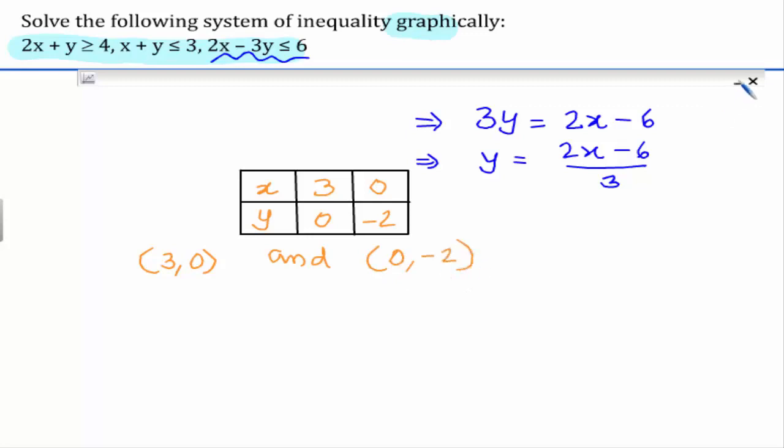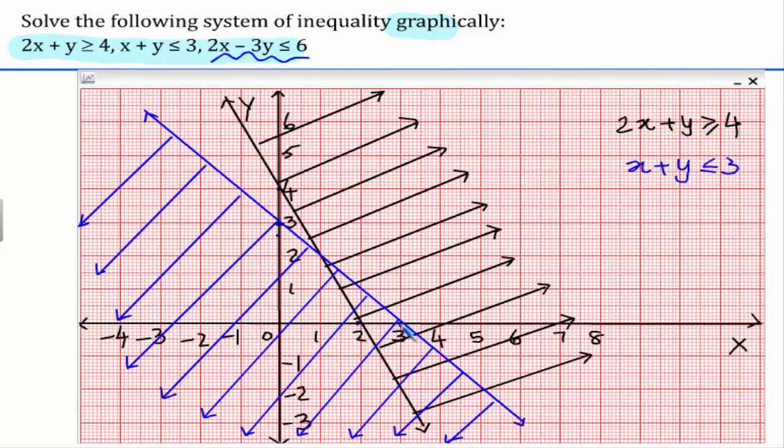Now let us plot those 2 points. First, (3, 0) will be here on the x-axis and (0, minus 2) will be here. Now let us join the points. Here is 2, here is 3. Now this orange line divides the plane into 2 parts.